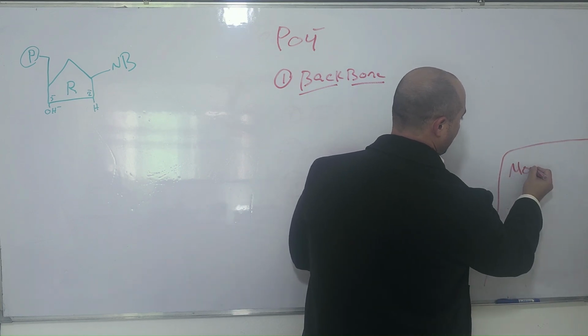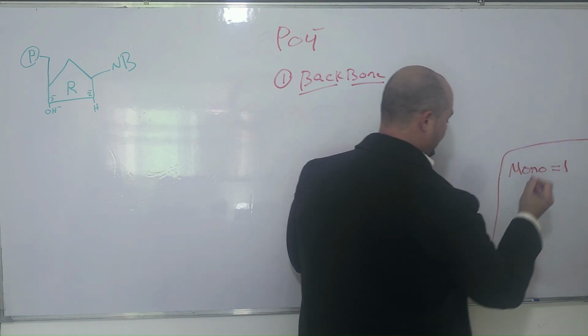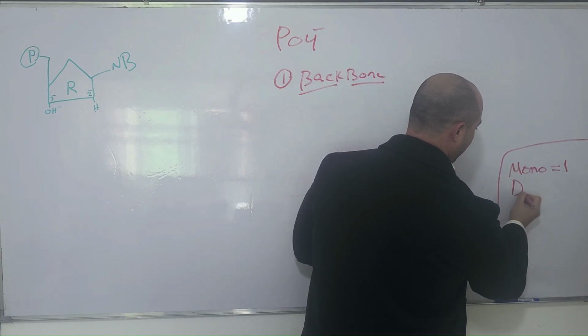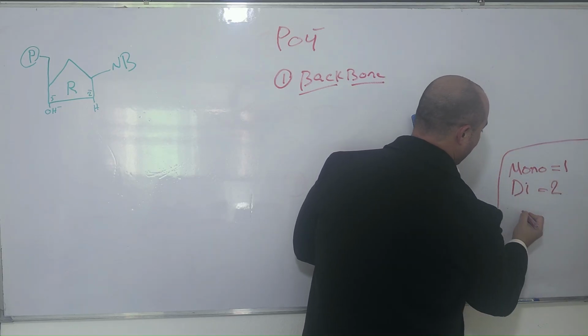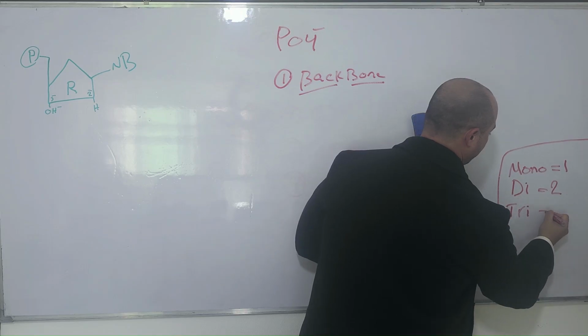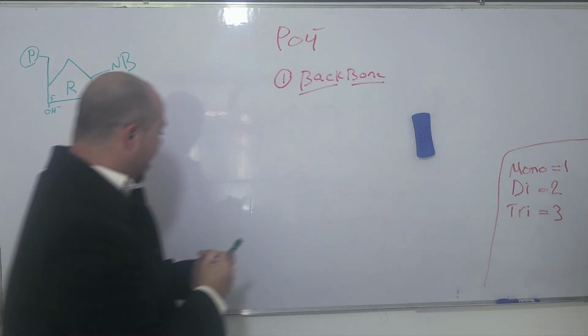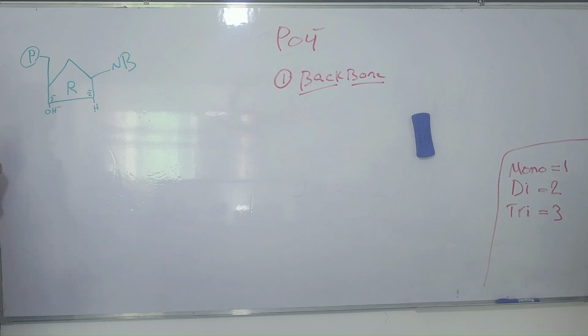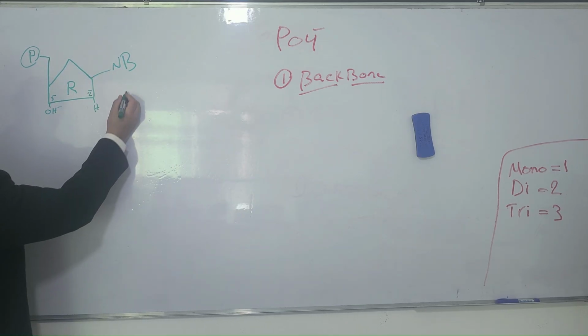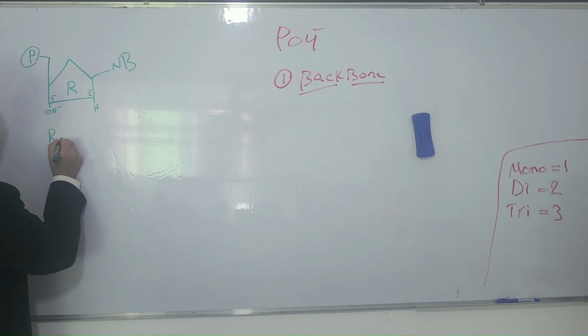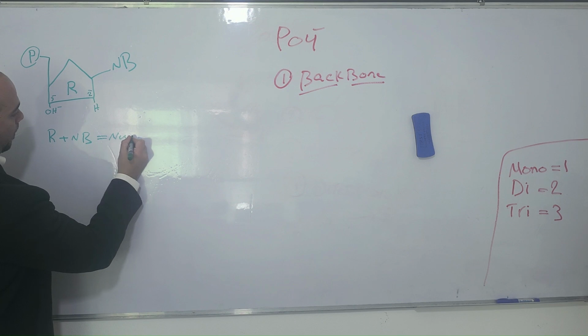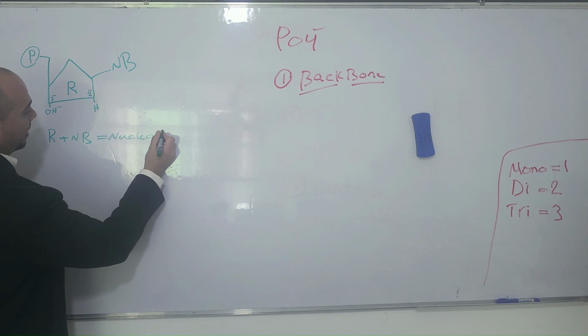Mono means 1. Di means 2. And tri means 3. So if I have 1 phosphate here, this structure, the ribose sugar plus the nitrogen base, is a nucleoside, right?